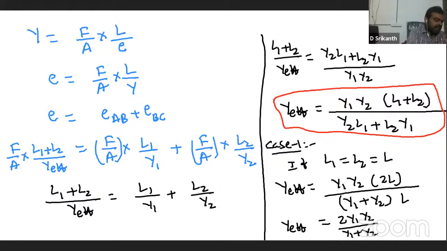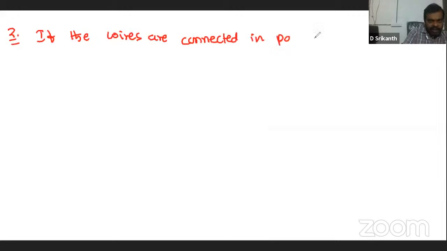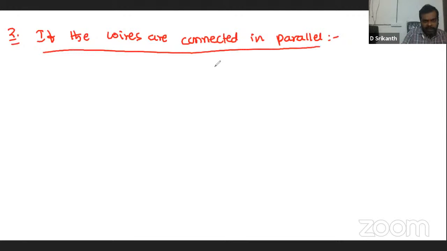Okay. Similarly, if the rods are connected in parallel, the second one: if the wires are connected in parallel, let us have a wire.